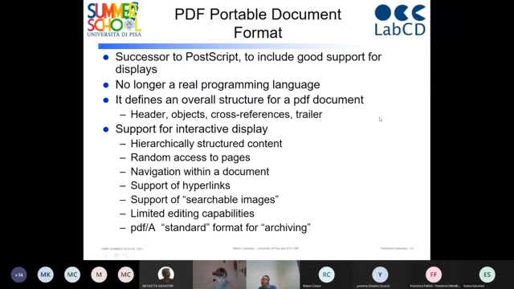The next one is PDF, the evolution of Postscript. This is now proprietary from Adobe. But PDF started again as a Postscript type of representation. Today it has evolved, let me say, into a more complete representation, in which you have some kind of interaction with the document.